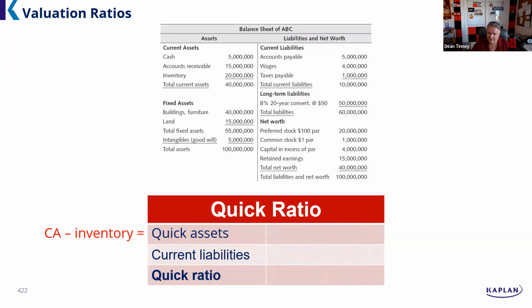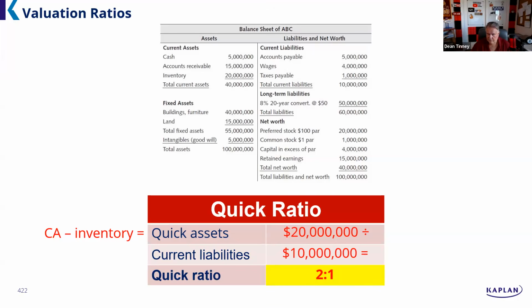So we had current assets of 40 million. We had inventory of 20, and so we had quick assets of 20 million. So now we do it again, and we say without counting our inventory, we have $2 in quick assets for every dollar we owe.